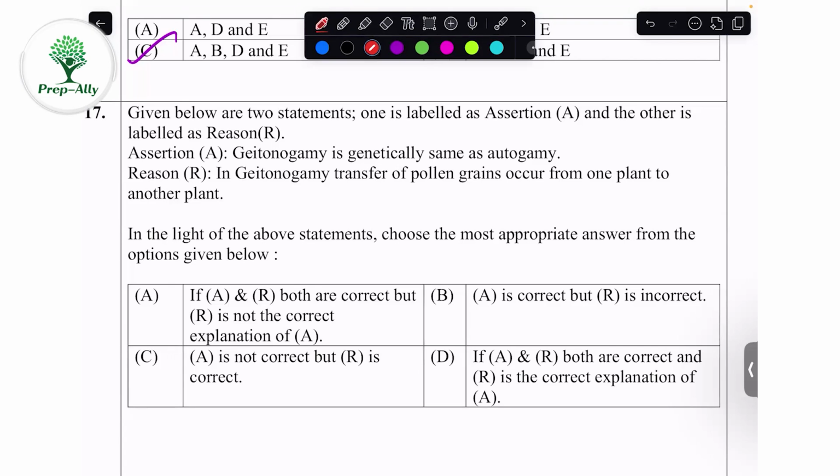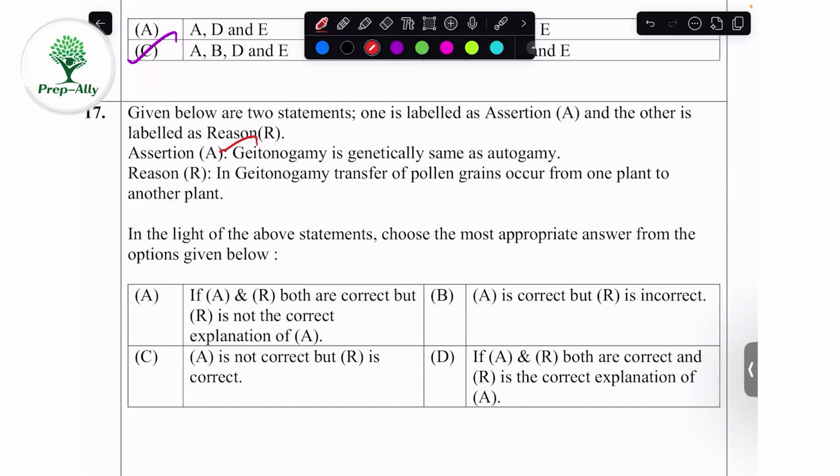Mechanically it looks different, but genetically it is the same as autogamy, because fertilization involves the same plant's gametes, and the new plant formed is genetically the same. So the assertion is correct. Now we take the reason.